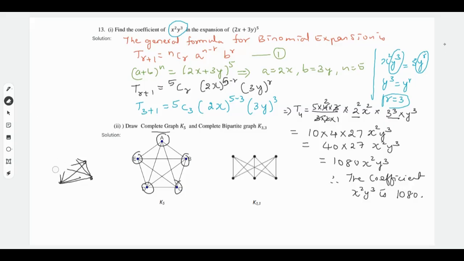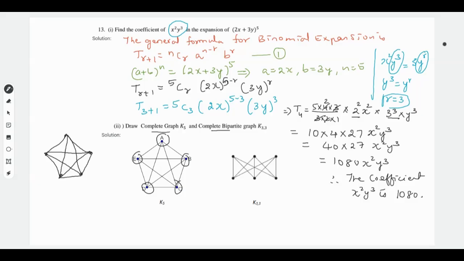I'll do it again for you. That is, take 5 points, connect them, then connect each point with the other one. This is how you draw K5.